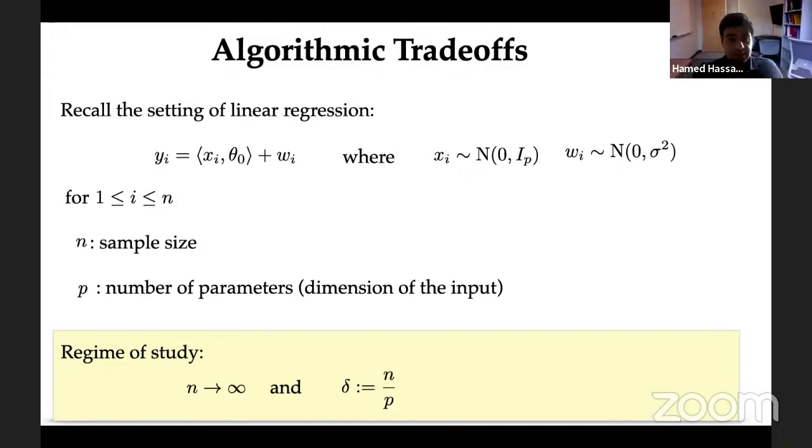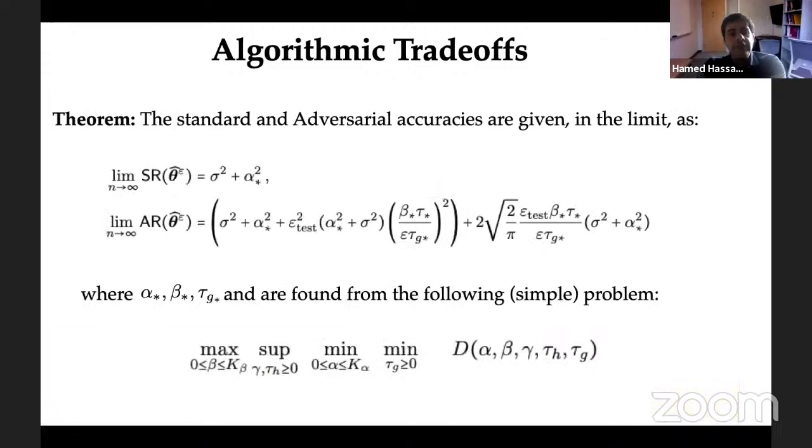We assume that N is large, however the ratio between N and P is fixed. That's typically called the overparameterization parameter, delta, as you see. And we want to study how this algorithmic solution behaves with respect to different values of delta and so on. Okay, so the main theorem is as follows.